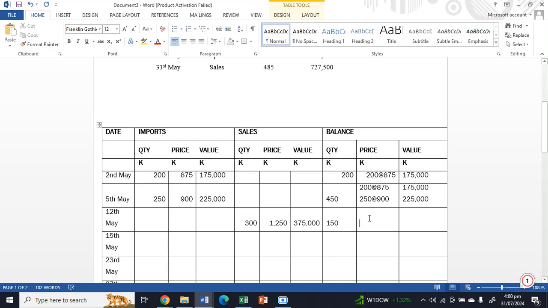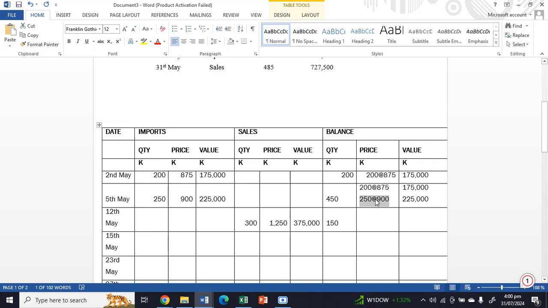Now, this is the last in, first out. So the goods that came in last will be the first to be dealt with. So these 250 goods at 900 kwacha, these came in last. So they'll be the first to be sold. All of these go. Since we sold 300, all these 250 are going to go. 300 minus 250, a balance of 50 goods.